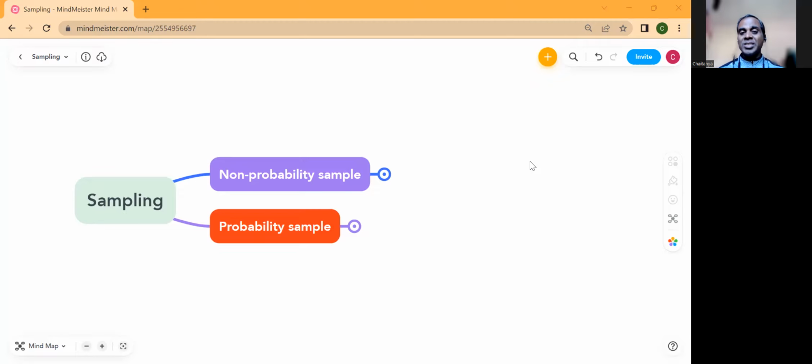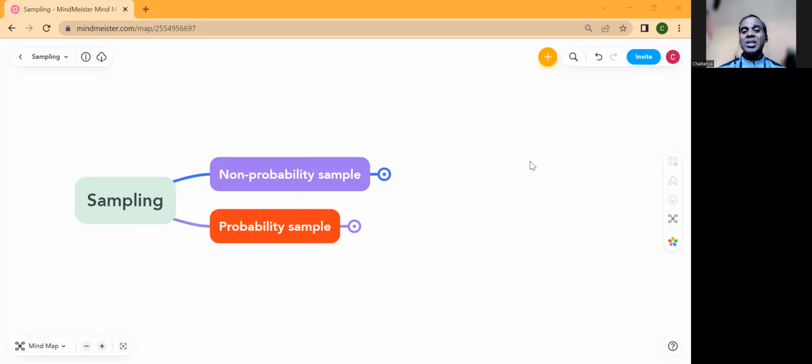What we are understanding here is that if I am selecting a non-probability sample, I don't know the likelihood of a particular item or a particular person getting selected to be analyzed in the sample. I will take an example in a short while to make it clear.